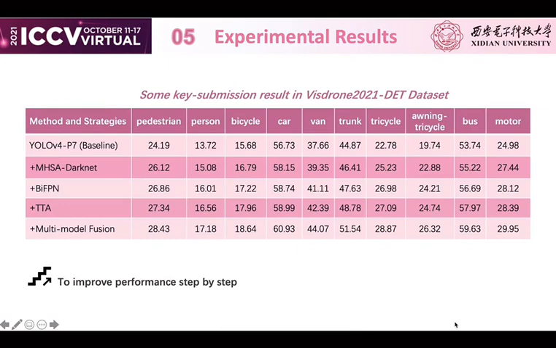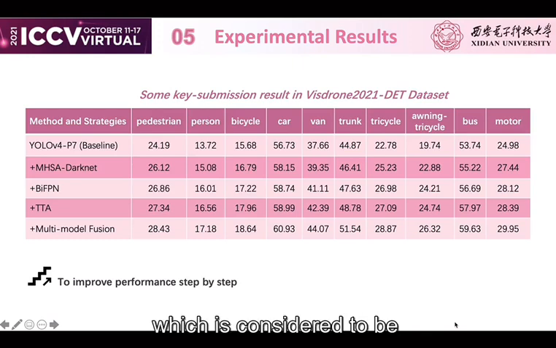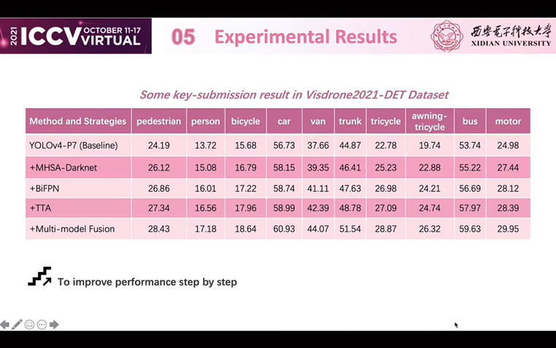And we can see there is a significant AP boost, particularly for small objects. These results suggest that self-attention has a big effect in detecting small objects, which is considered to be an important and hard problem for deploying object detection systems in the real world.